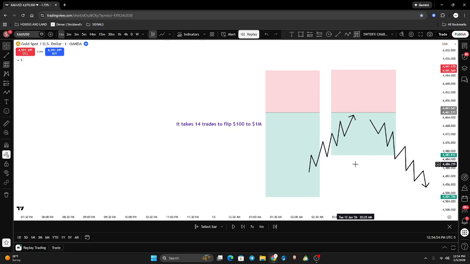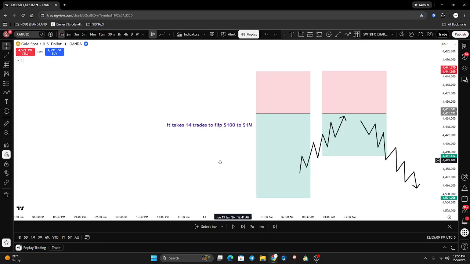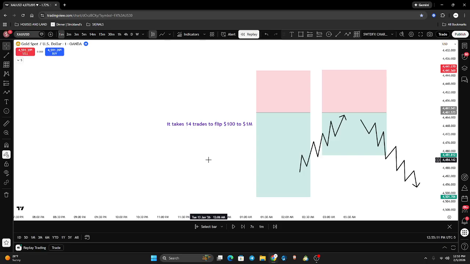14 trades is all it takes to get you to a million. I think it took me maybe 16, whatever. Only because on Solid ECN, you can't use 100 lots or 1,000 lots. It only gives you a max of 50 lots. So that kind of sucks. But I was still able to flip it, bro.